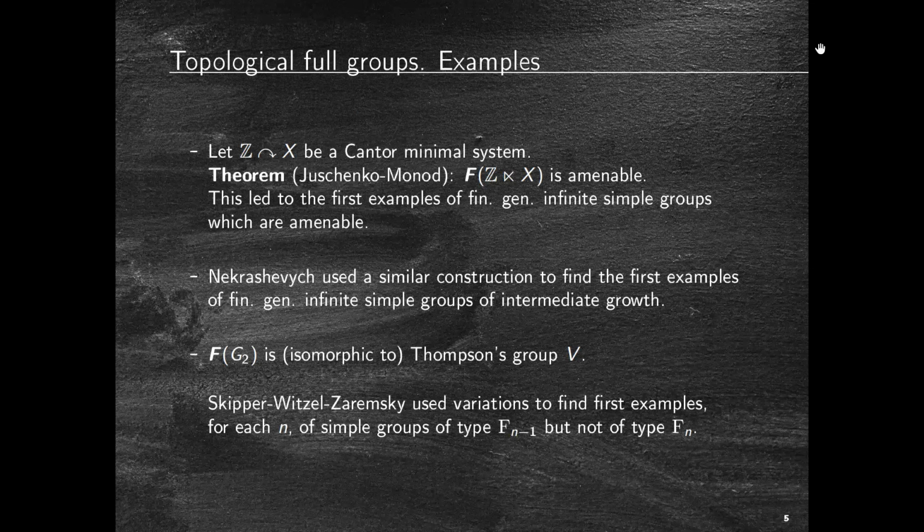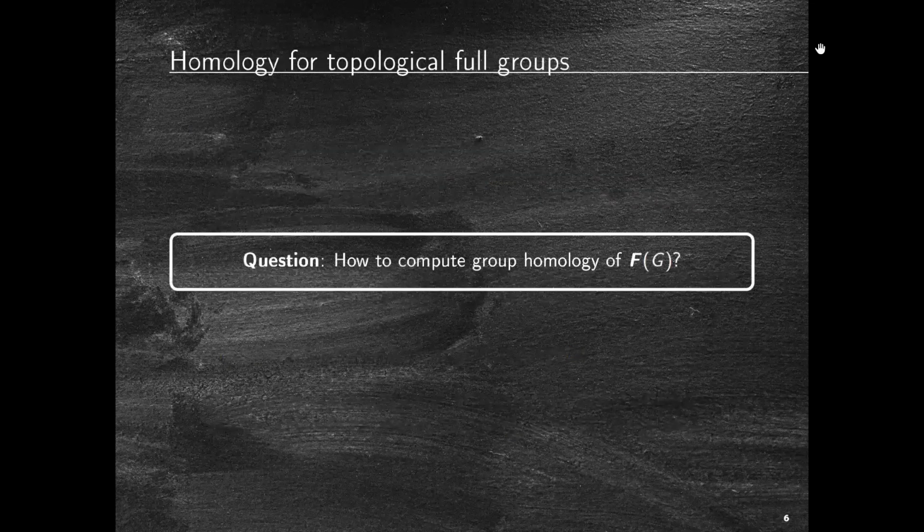And now, for the purpose of this talk, as I said, the main question is, what can we say about group homology of the full group? If you see this question, this is a very basic question. So really, it tells you that we know very little about these full groups in general. They are somehow still quite mysterious objects.